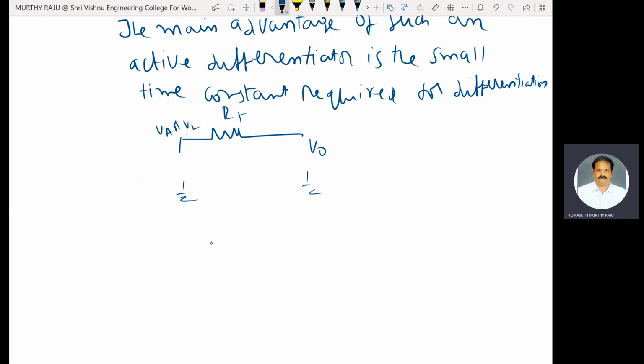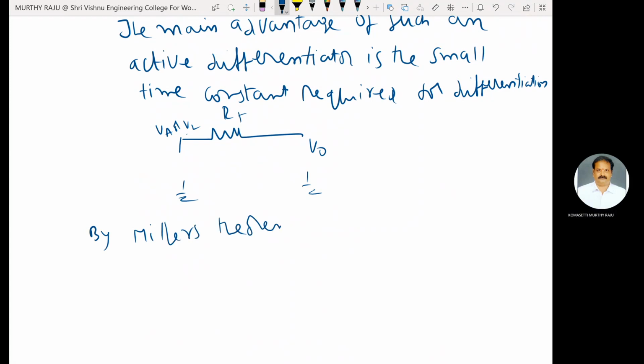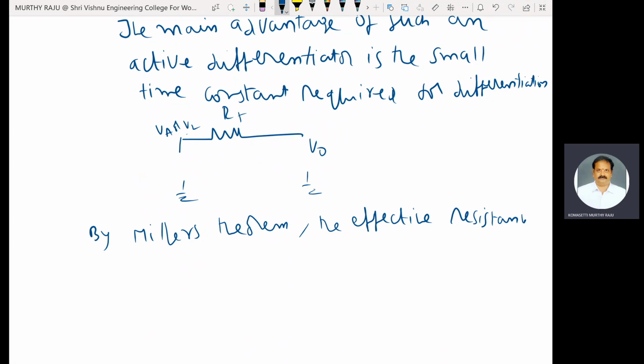By Miller's theorem, the effective resistance between input node A and ground becomes... This one is the equivalent circuit.